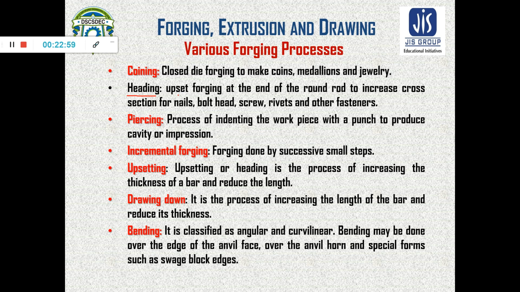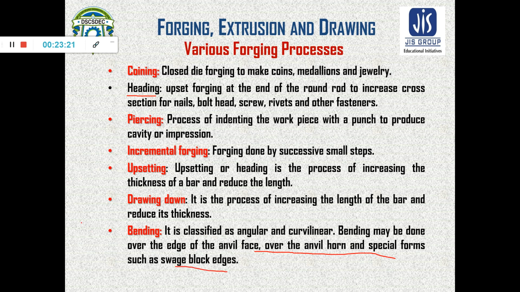Now another and most important part of forging is bending. It is classified as angular and curvilinear. Bending may be done over the edge of the anvil face, or over the horn and special forms such as swage block edges.